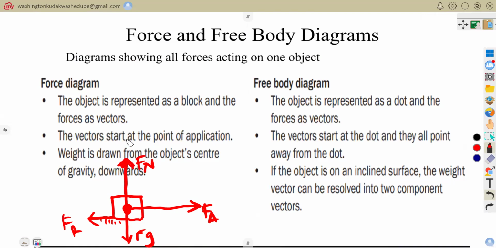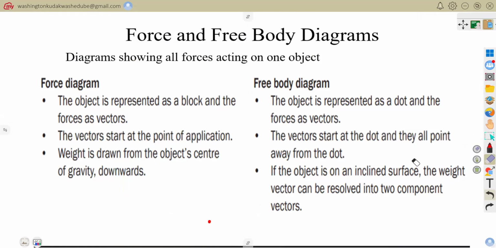The vectors have to start at the point of application. So at some point we might say, okay, this is where I've applied my force. This can be F applied.